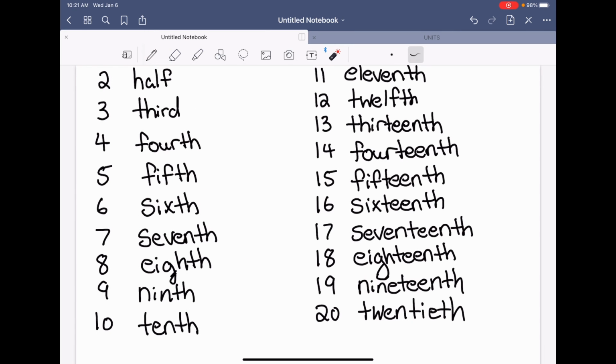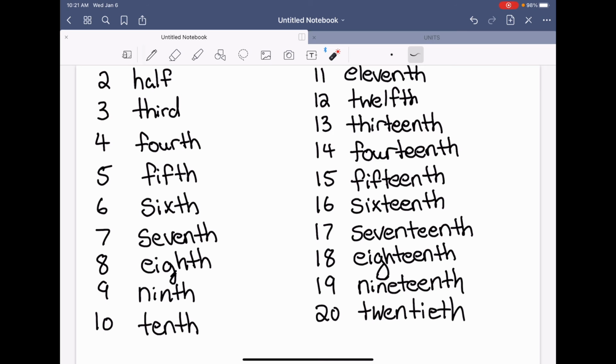I'm going to teach you how to read and write fractions. But first, we need to know these numbers as well, because before I taught you how to read the fraction, but now you're going to learn how to write it as well. So the numerator stays the same. It's 1, 2, 3, 4, 5, and so on up to 20.